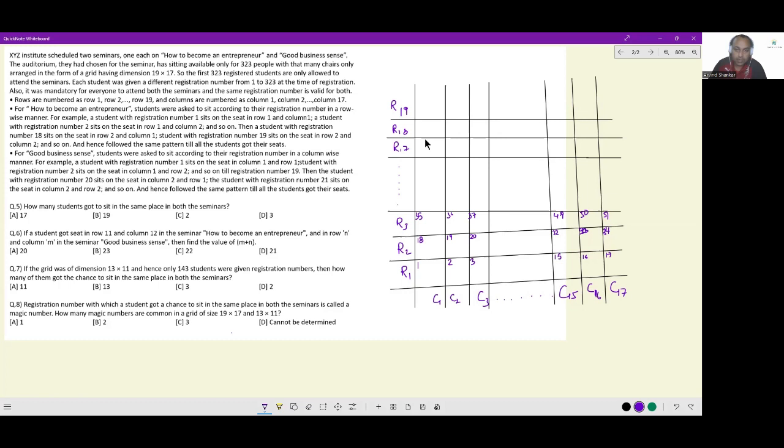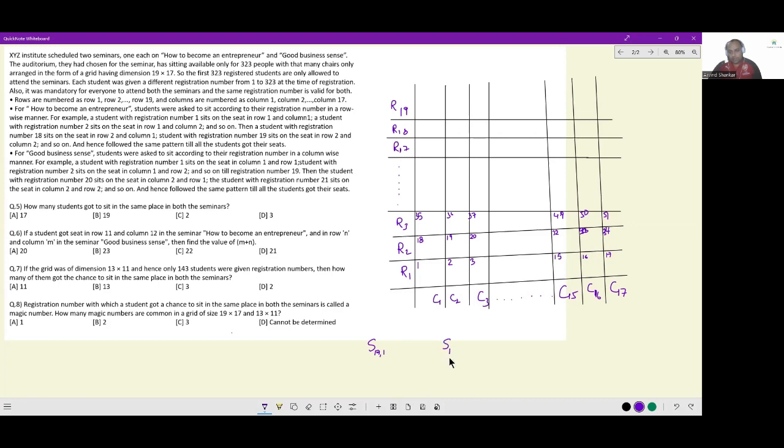Now, if I want to make the leap to this point, what will be the registration number of the person sitting in row 17, column 1?